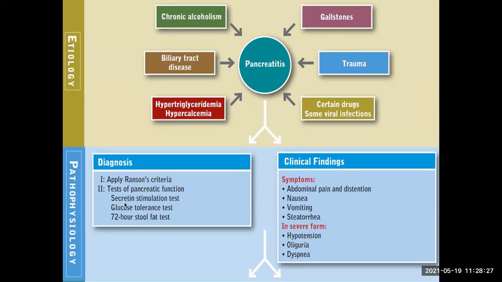Especially the secretin stimulation test is conducted, the glucose tolerance test is conducted, and the 72-hour stool fat test is conducted. Because in case of pancreatitis, there will be excessive discharge of undigested fat in the stool, which is also known as steatorrhea.